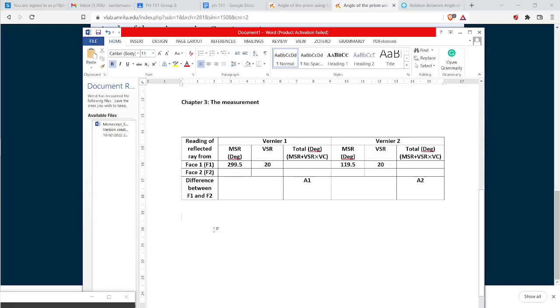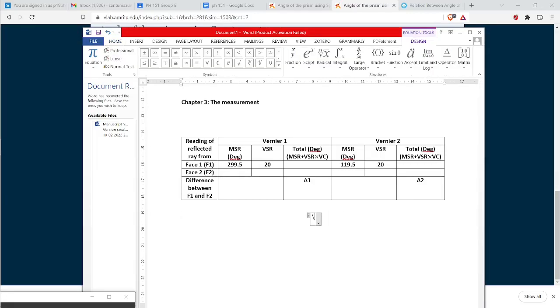Our 2 theta equals this a1 plus a2 value, add it up, whole divided by 2.